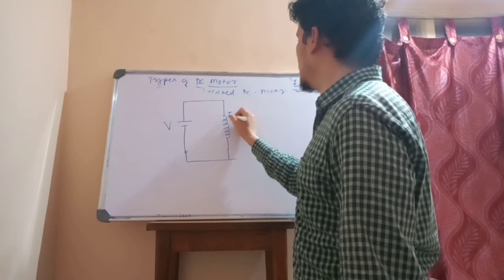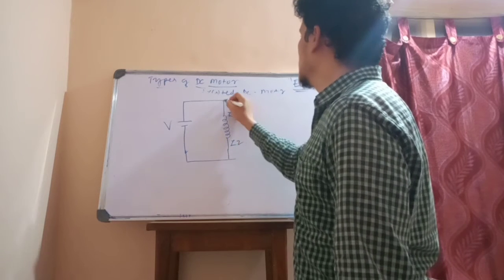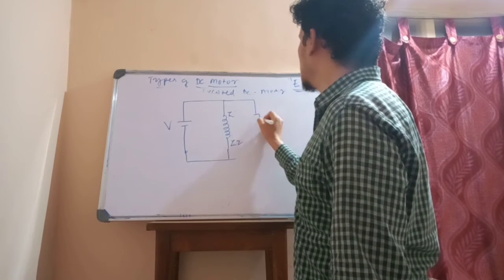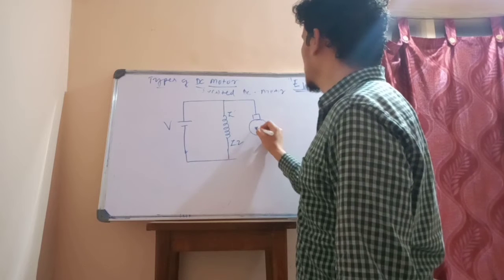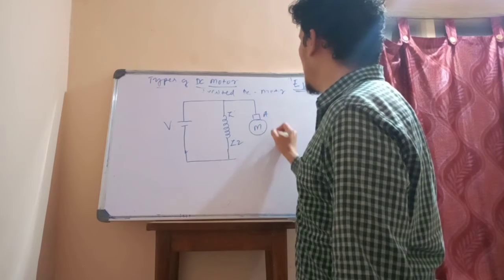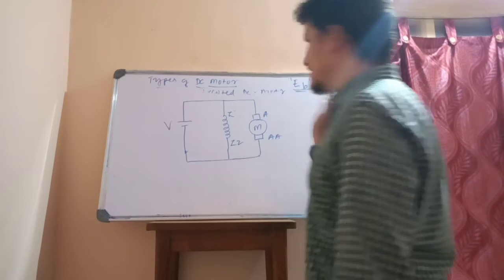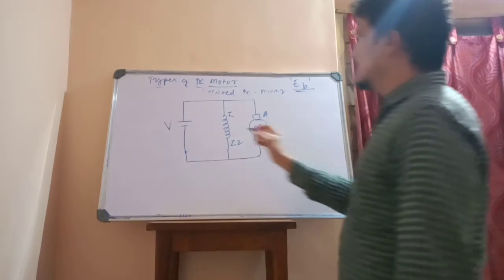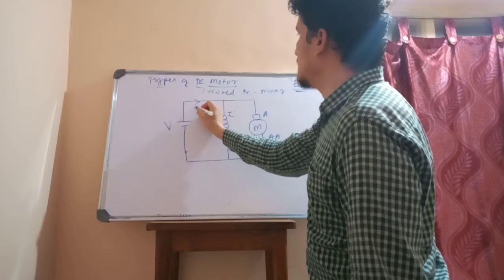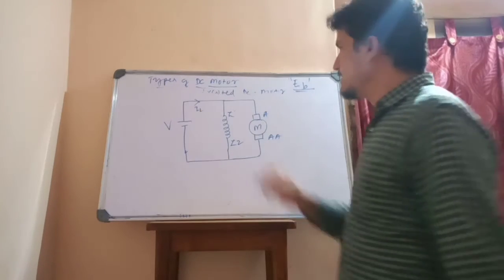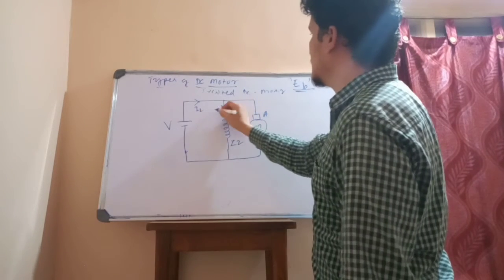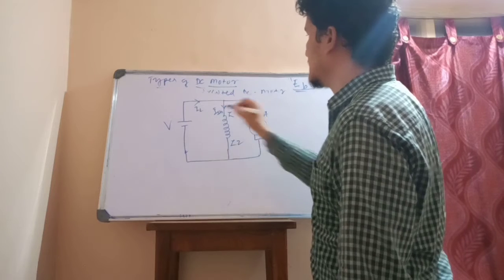let this field be represented by the coil, and to the armature, M, A, double A, and this is the main line current or the load current IL, and this is the field current ISH.